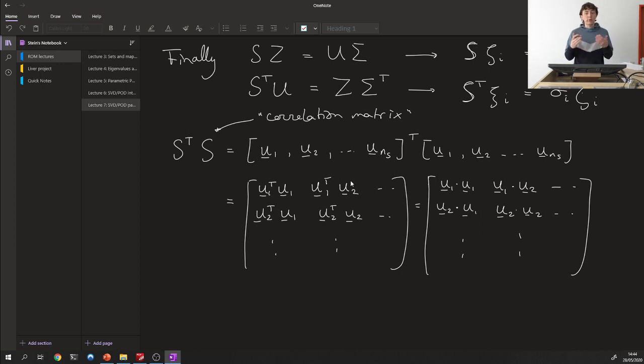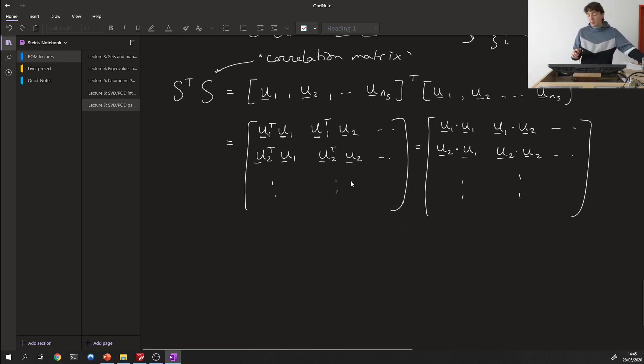We have the notion of orthogonality if two things are completely dissimilar, and that means the inner product is 0. And if two things are very similar, namely parallel, then the inner product is the magnitudes of those vectors multiplied by each other. So in this sense, this correlation matrix is capturing all the similarities between the different components in the data set, and that's why it's capturing exactly the important information.